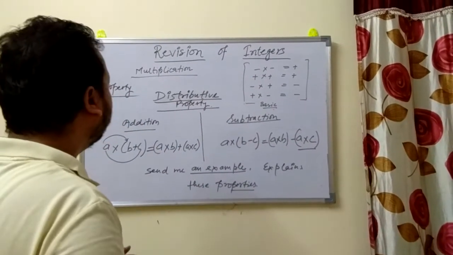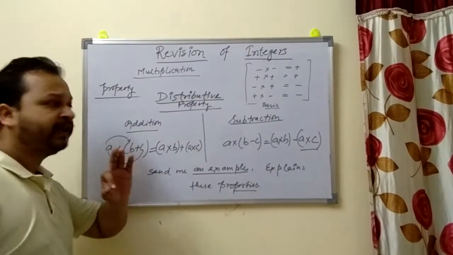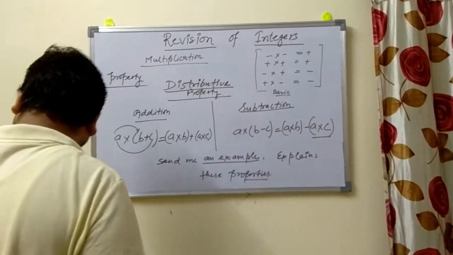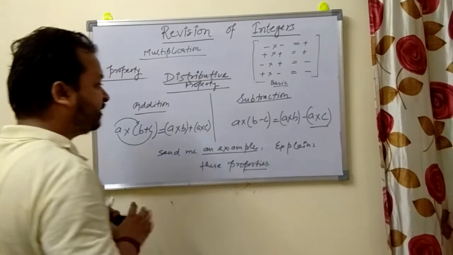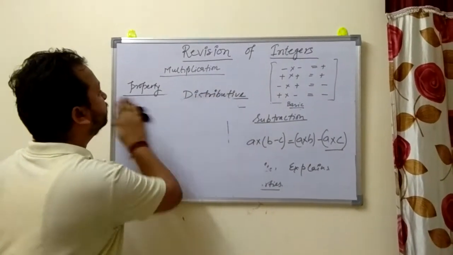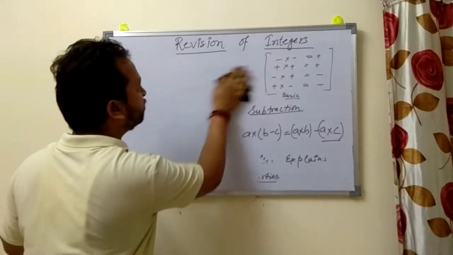Right? So till now we have completed three mathematical operations: addition, subtraction and multiplication. Now come to division part, means the last operation.